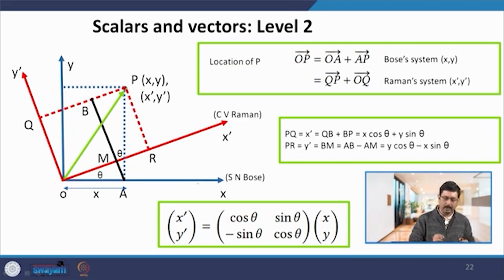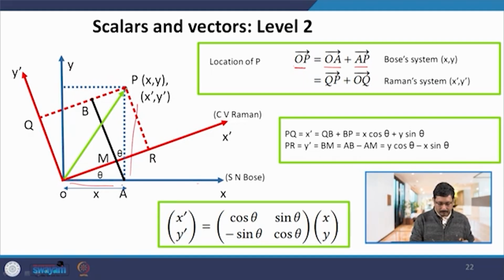The length of this arrow represents the distance from point O to point P, and the direction of this arrow represents the direction in which the point P is located from point O. He will write this vector, which is called the location or position vector of point P from O, as OP, and this can be written as a vector addition of two pieces, one along the x axis and the other along the y axis.